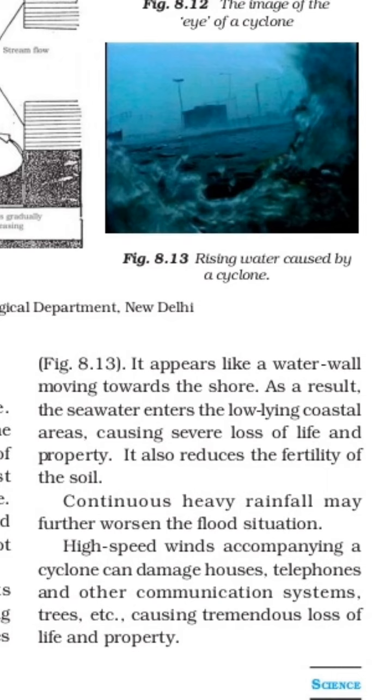When a cyclone with heavy wind speed is there, it damages houses, telephone and other communication systems, and many trees will fall down. Because of the heavy wind speed, many persons and animals may lose their lives in this natural disaster, and properties also. Much material and economic loss will happen in a cyclone situation.